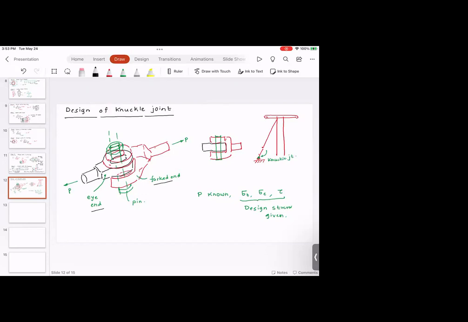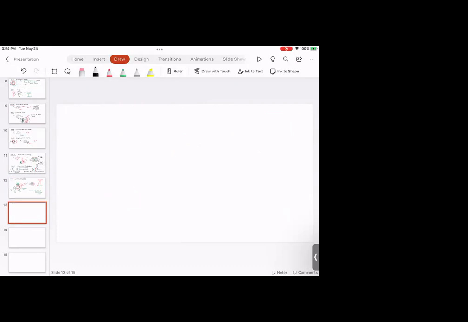And step by step, we are going to find all these dimensions. So let's start. Step 1: rod diameter in direct tension.